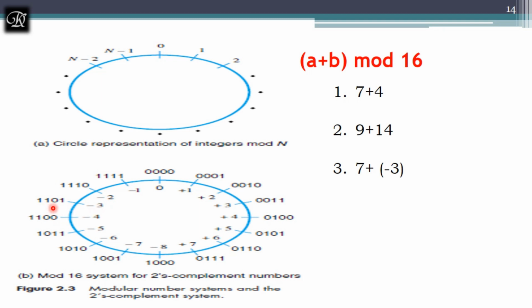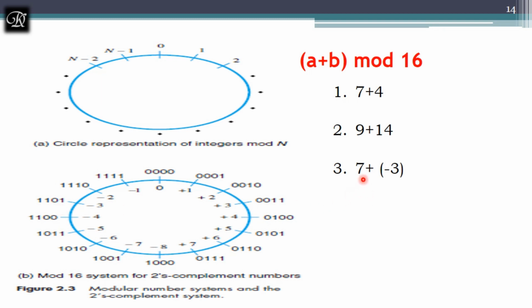What is this 1 1 0 1? If I count positive values, this is 13. If you start counting from 0 to here, this is 13. Even though it is negative 3, in 2's complement it has become 13.